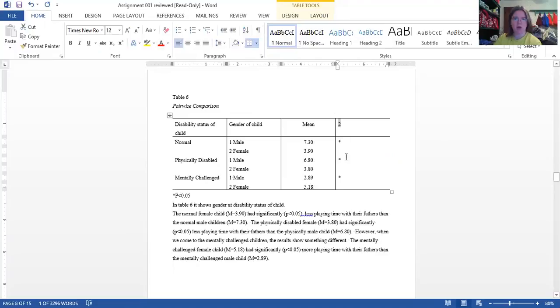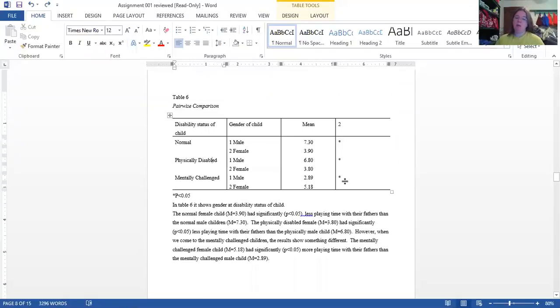So we're saying that all 3 sets are different for male and female. Between the normal children, the female is significantly different than the male. For physically disabled, the female is significantly different than the male. And for the mentally challenged, the female is different than the male.